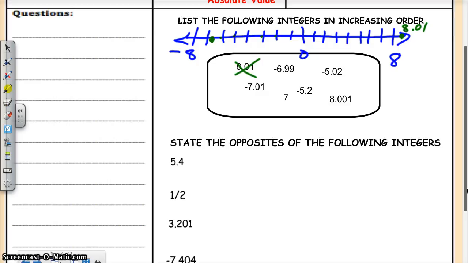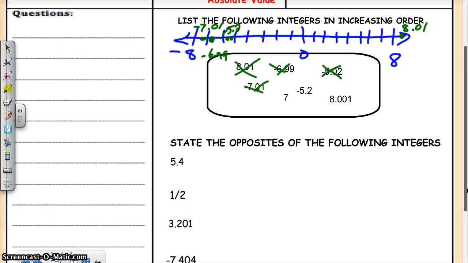I'd be about right here. Negative 5.02, I'd be a little bigger than negative 5. Negative 7.01 would be right here. Negative 5.2 would be a little bigger than what I have there.